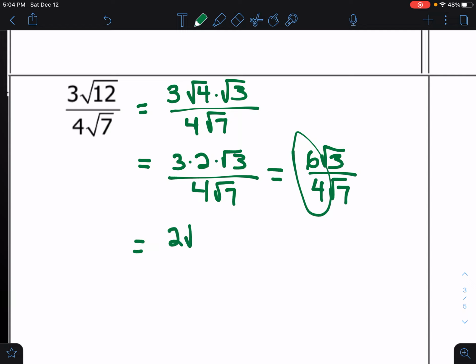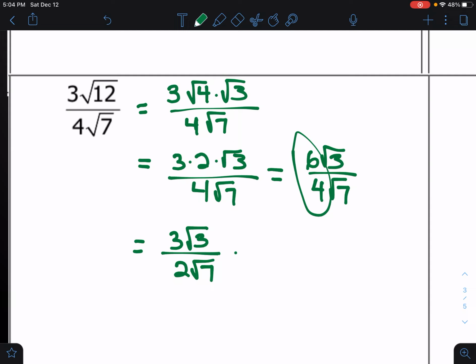So I would have, oops, excuse me, I would have 3 over 2, right? I just reduced the 6/4 to 3 halves. All right, so now everything is broken apart.